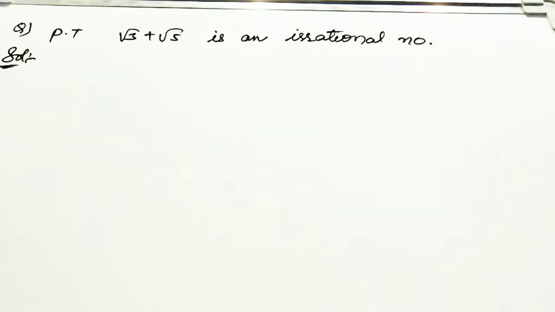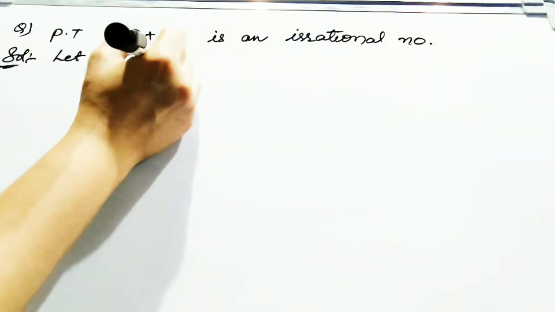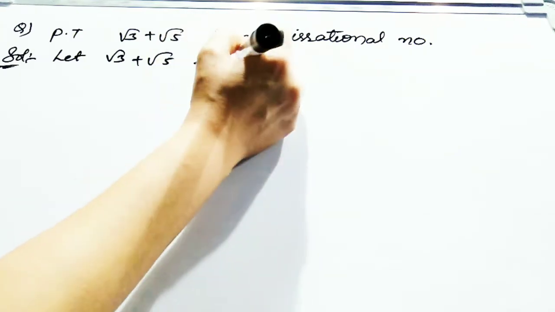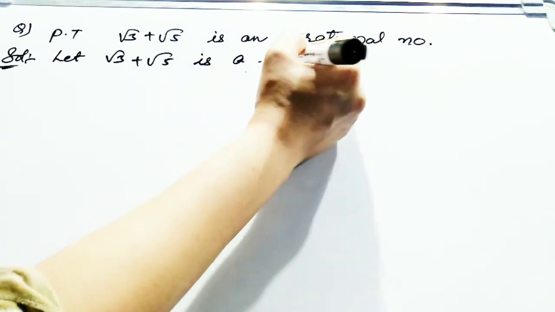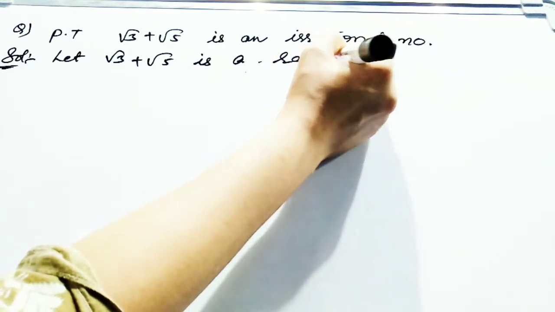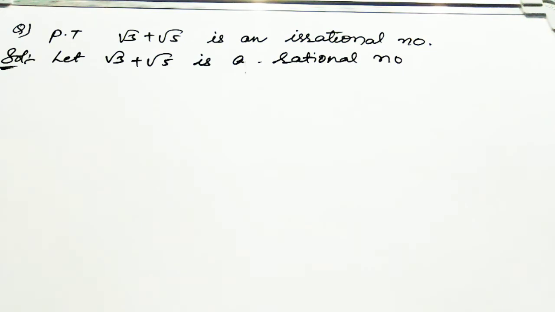Let us prove that root 3 plus root 5 is an irrational number. We are using the method of contradiction. It means we assume that root 3 plus root 5 is a rational number. After getting a wrong result, you say that your assumption is wrong.